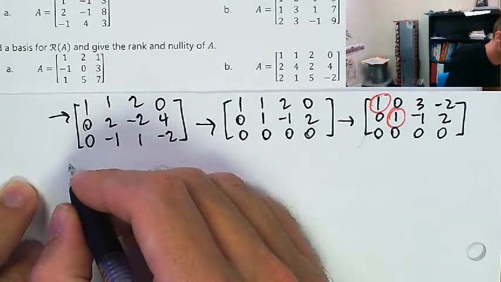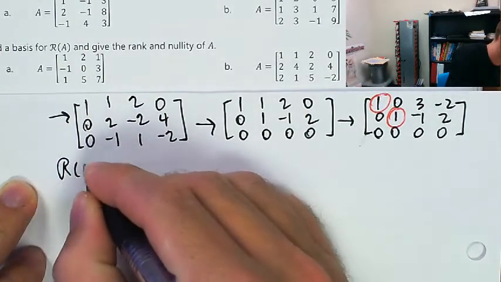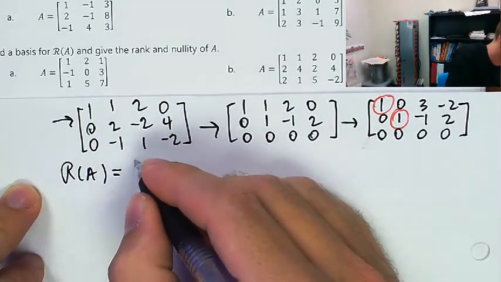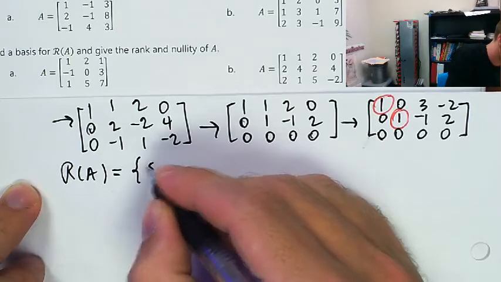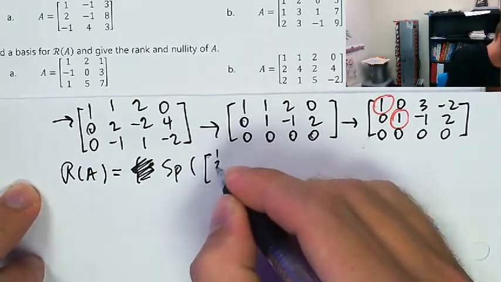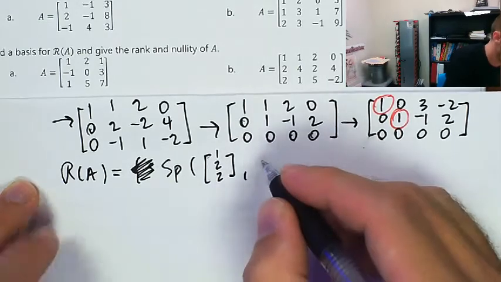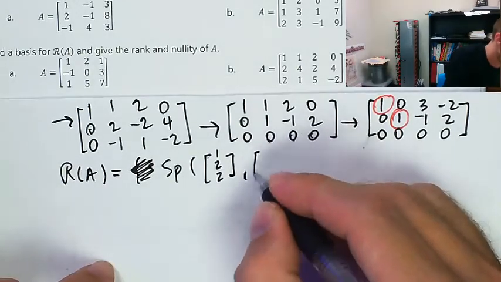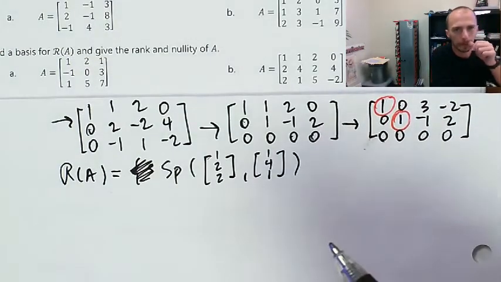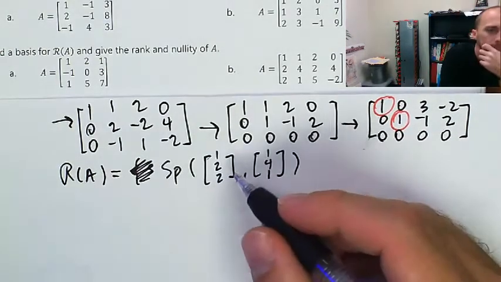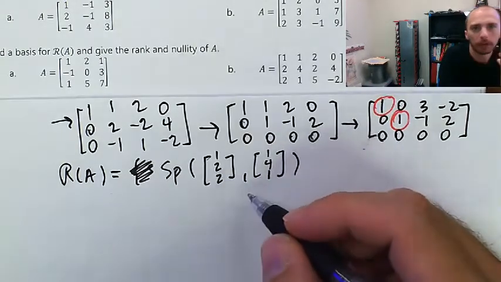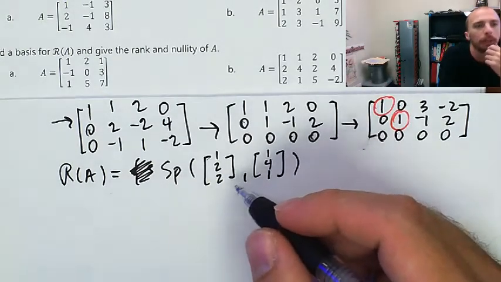And range of A equals, really, it's the span of 1, 2, 2 and 1, 4, 1. I don't know what I was doing there because I was just supposed to write a basis, but these are pretty clearly independent because they're not a multiple of each other, and there's only 2 of them.